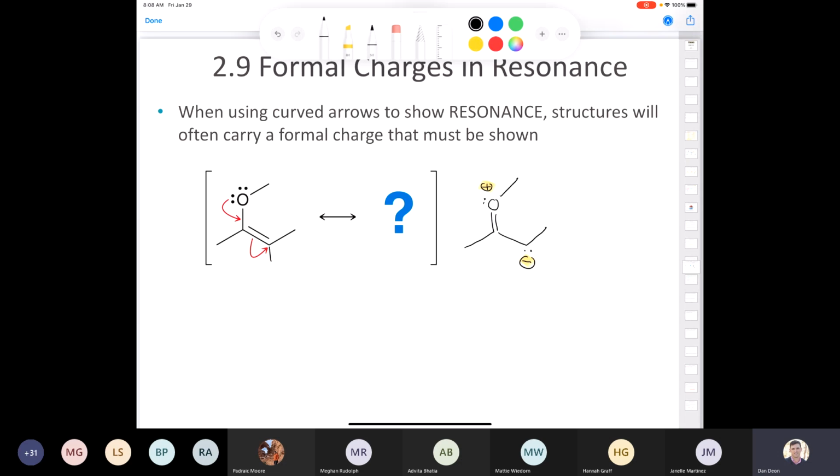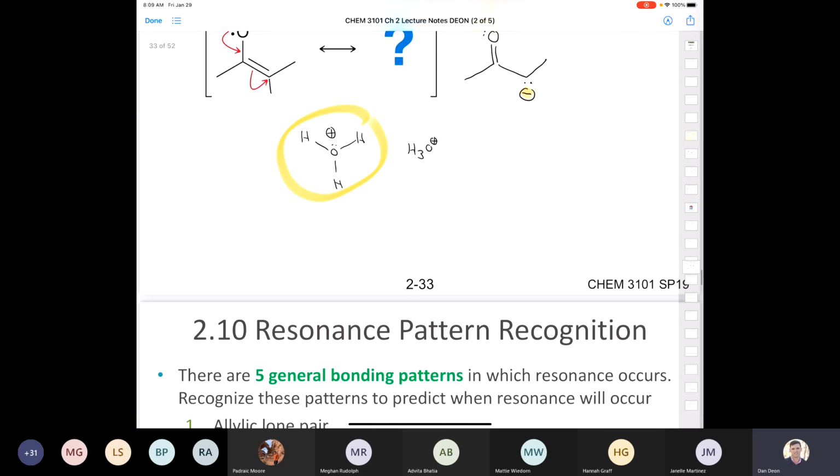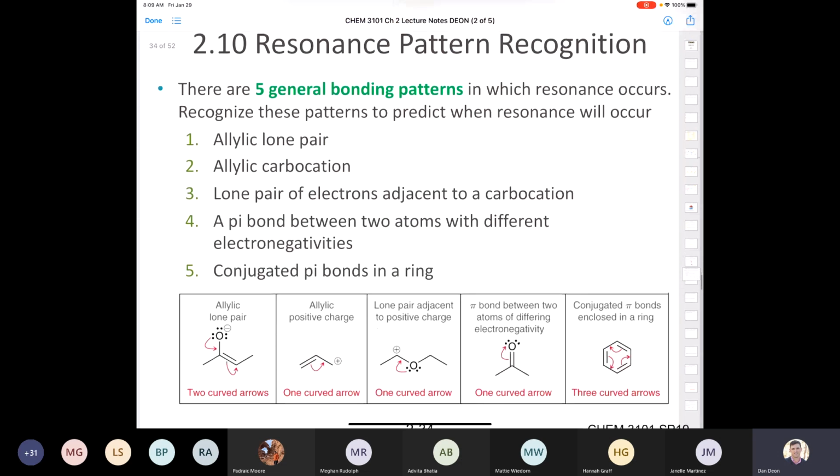You go all the way back to General Chemistry 2. Many of you took General Chemistry 2 last semester. How many times did you write out hydronium when you studied acids and bases? Maybe Avogadro's number of times? Well, you know the structure of hydronium, and the oxygen in hydronium has three bonds and one lone pair, and it's got a positive charge. So nothing new there. All right, so that's drawing resonance contributors and recognizing formal charges.